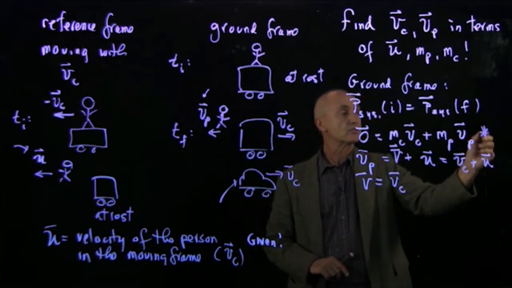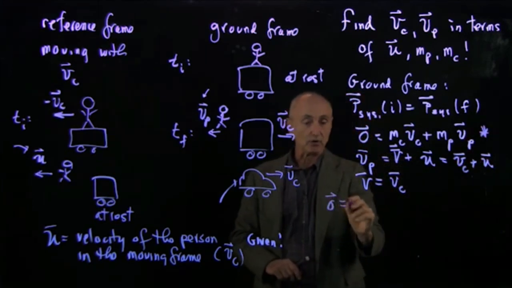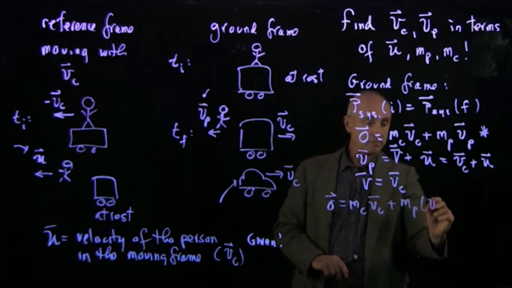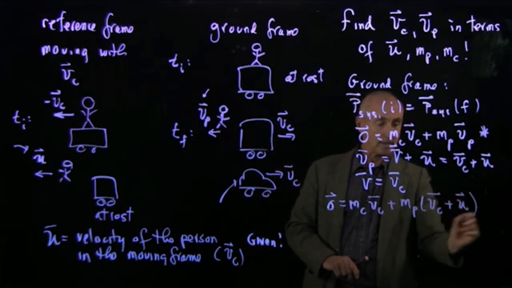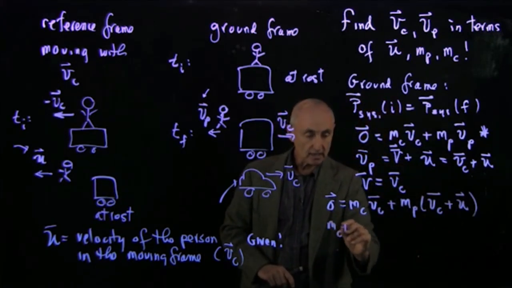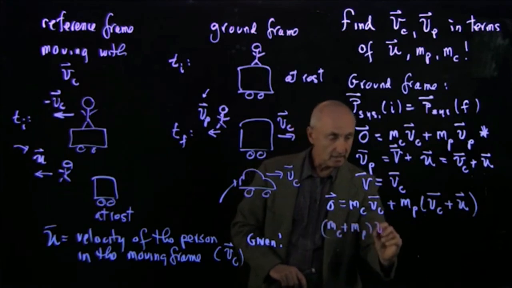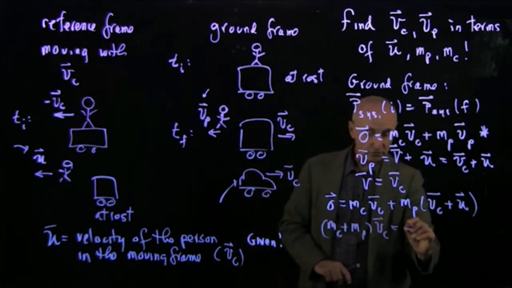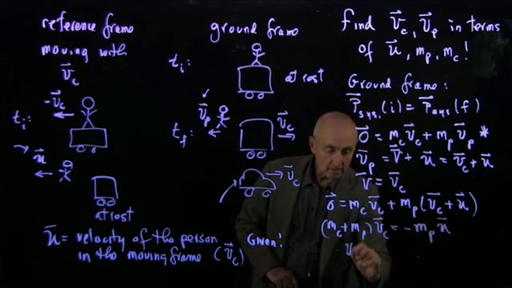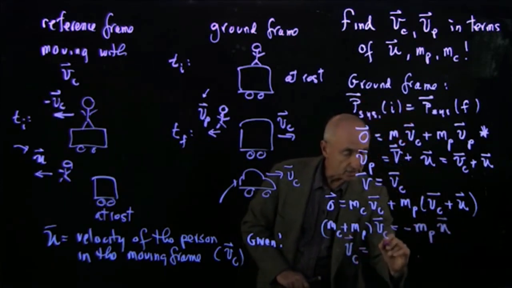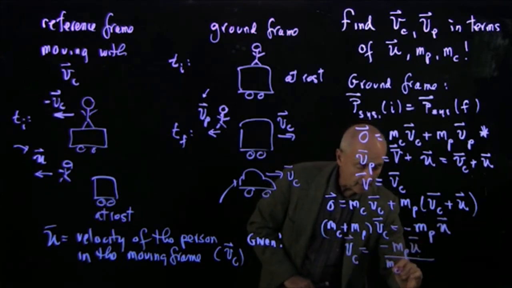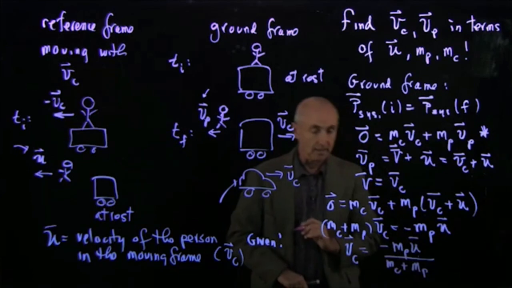And now I can use this starred equation to write 0 equals mc vc plus mp times (vc plus u). By adding terms, I get that (mc plus mp) vc equals minus mp u, or the velocity of the cart is equal to minus mp u divided by (mc plus mp).